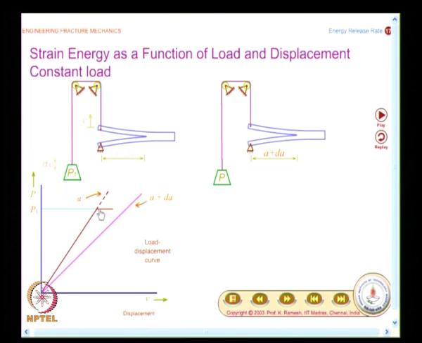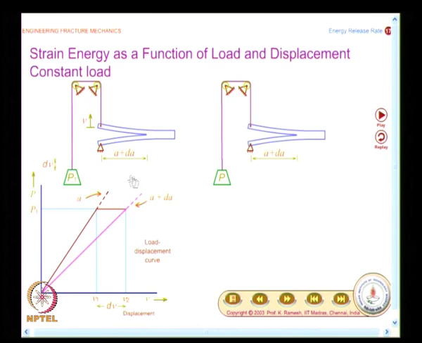So, this will go and touch this graph. Now I have sufficient data to analyze what is the final strain energy of the system and how the strain energy has changed because of an incremental extension of the crack.